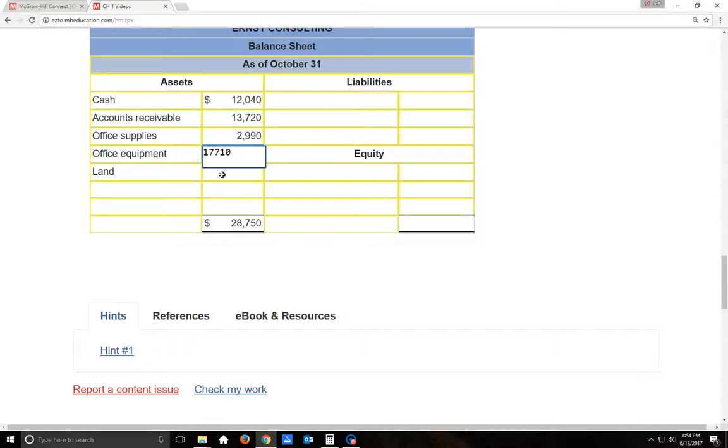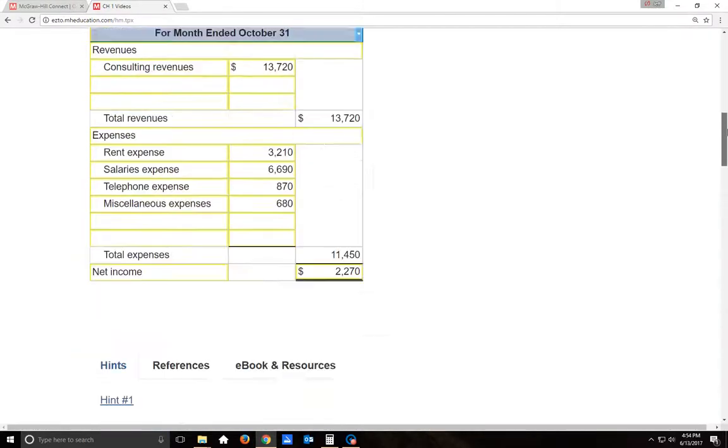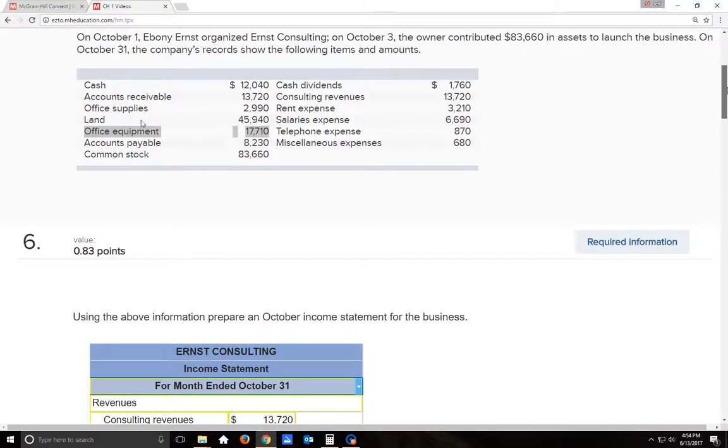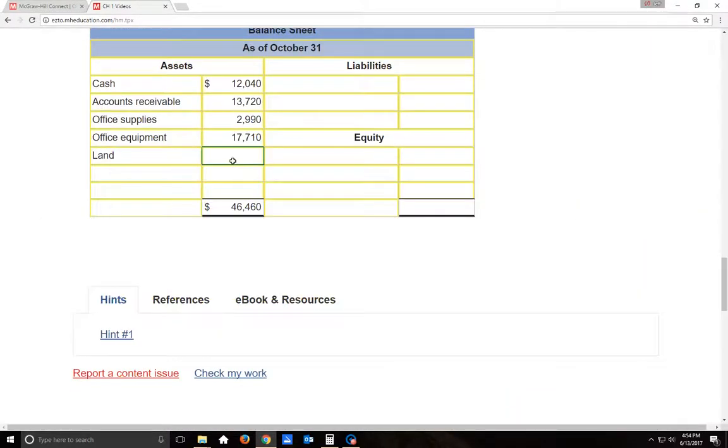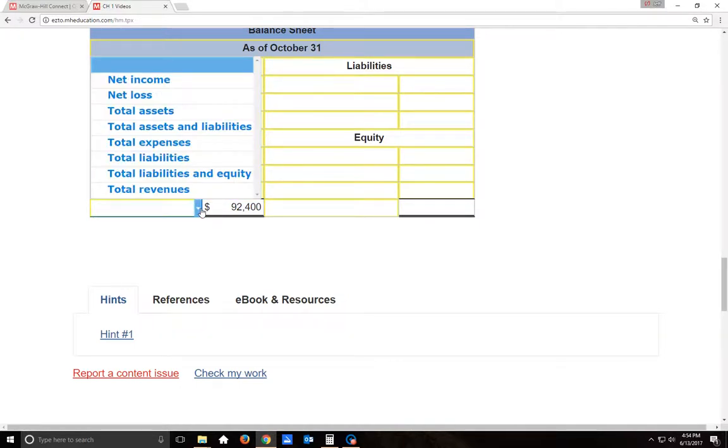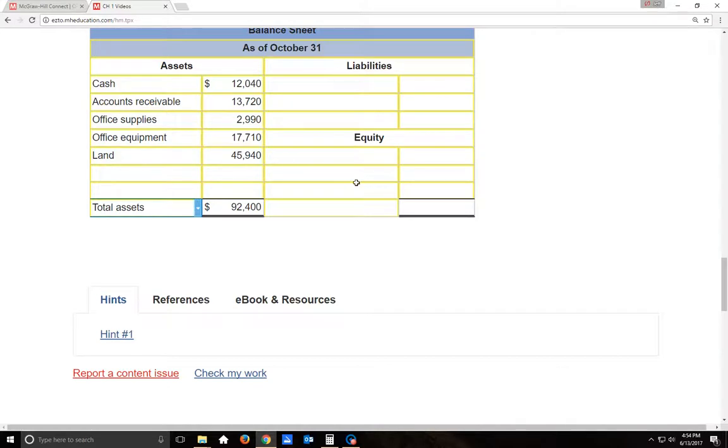And our last asset would be land. Let's check to see what the value of land was. Land was $45,900. $940. And this $92,400 is a total of what? Our economic resource is known as total assets.